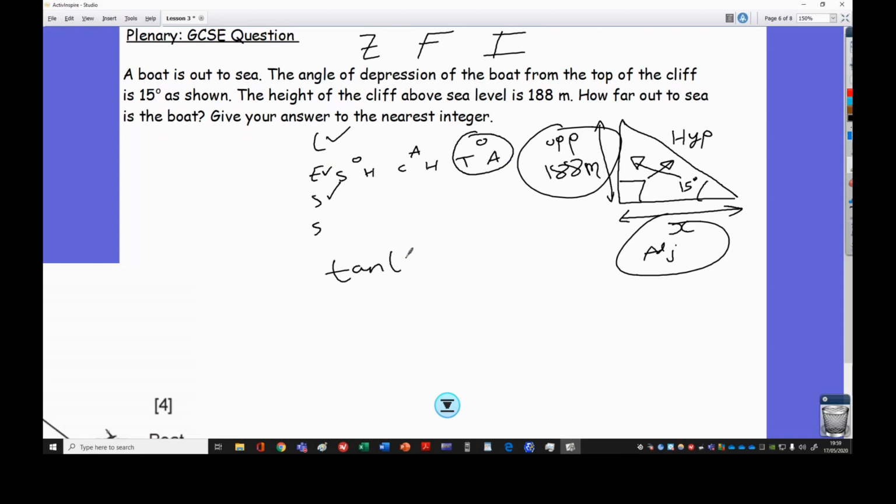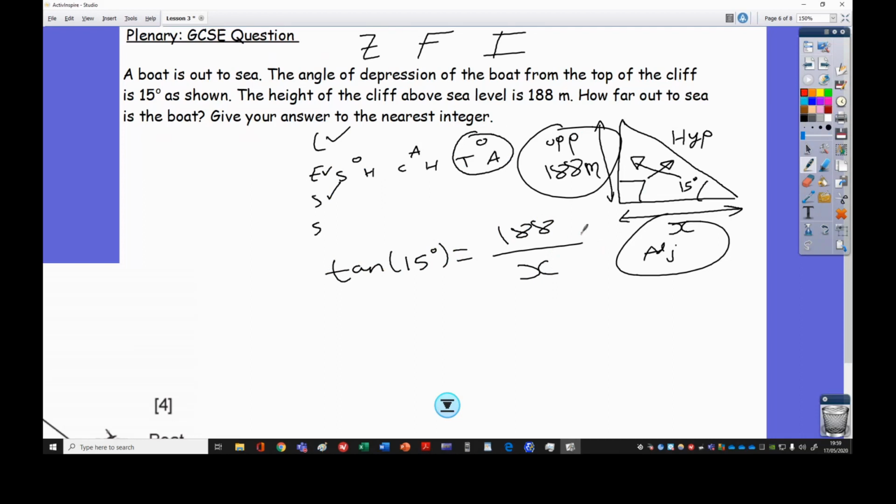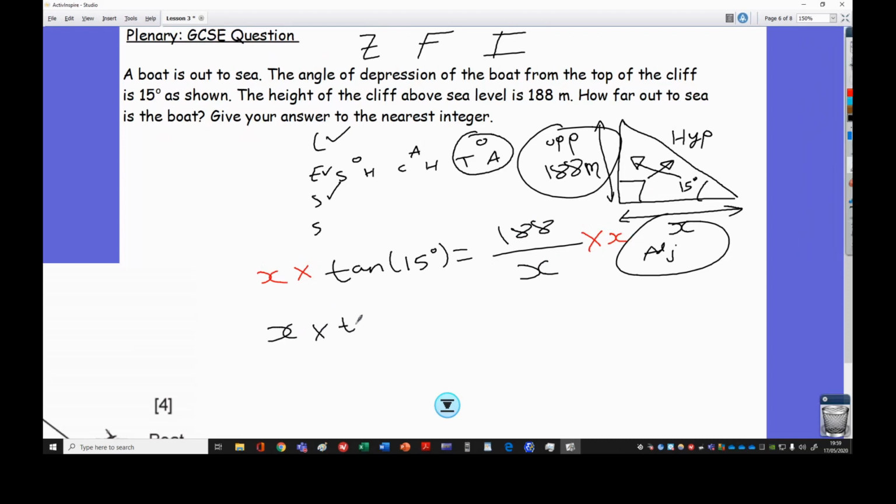Tan of 15 degrees is going to be the opposite, 188, divided by the adjacent, which I have called x. We want x on its own, so I'm going to multiply both sides by x. So I get x times tan 15 is equal to, well, x over x is going to be 1, they cancel out, so I just get 188.